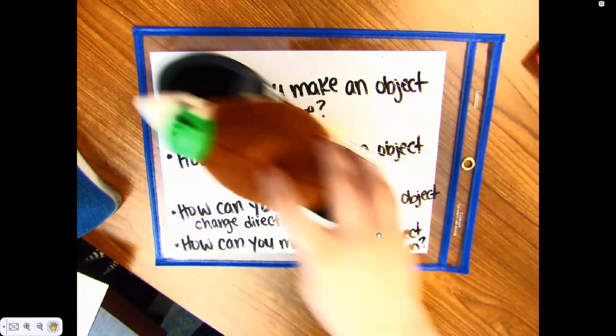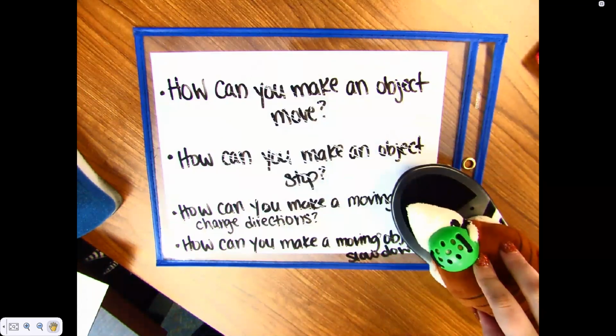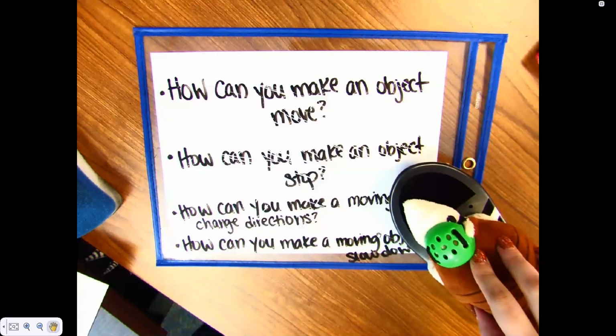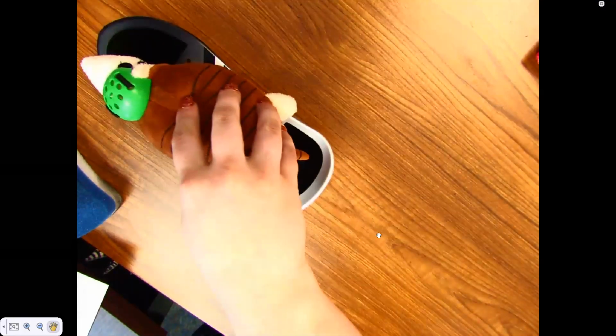Push. By pushing, right? Okay, now how am I making it move? Pulling. Oh, you're not Amira. Amira, now how am I making it move? By pulling, right? So I can push, I can pull.